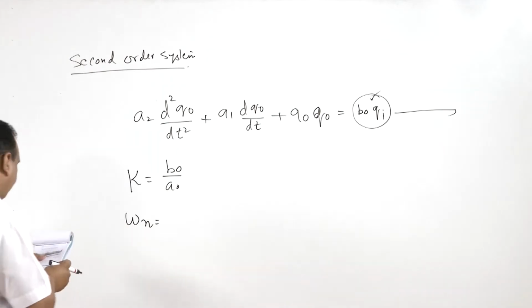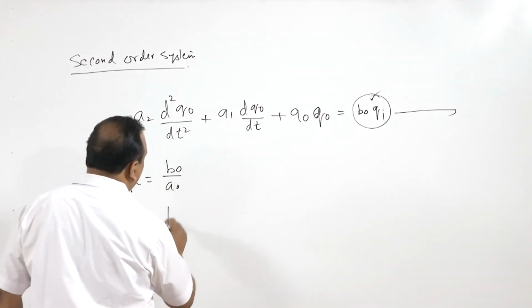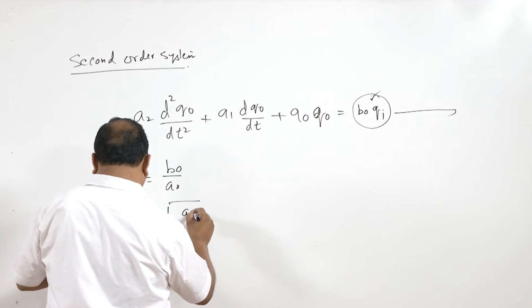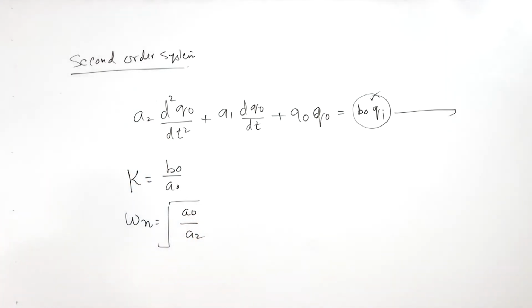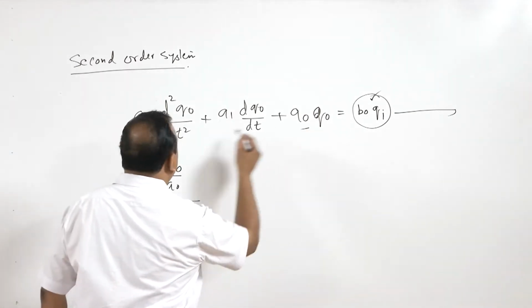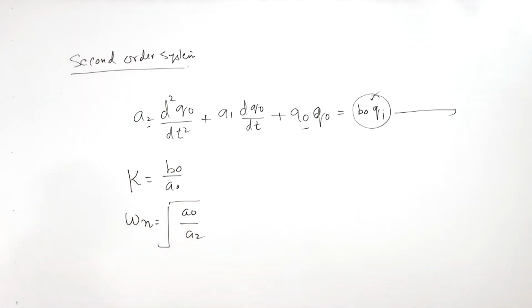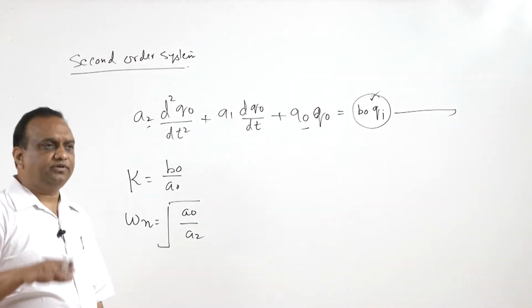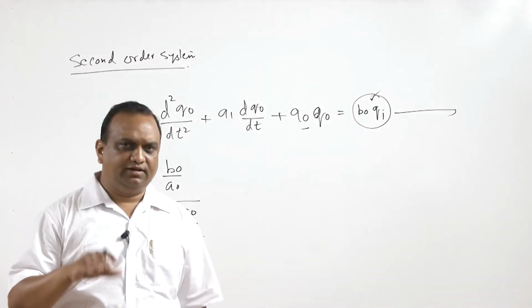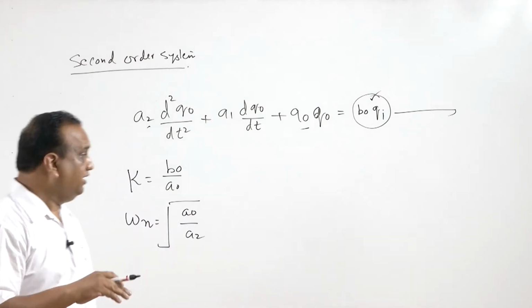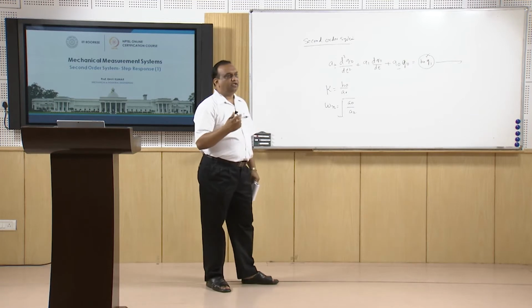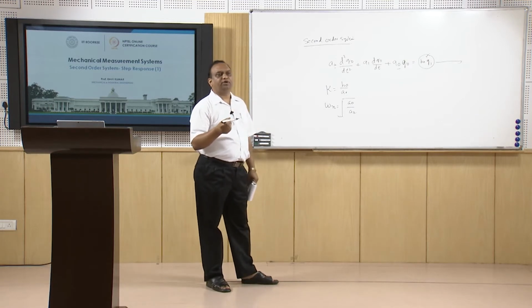And undamped natural frequency is equal to AO divided by A2. This is the undamped natural frequency. Now suppose a system is vibrating in air. Air will produce some damping effect, right? And not only air, even suppose a shaft is rotating with a certain speed, and all of a sudden the power is stopped.